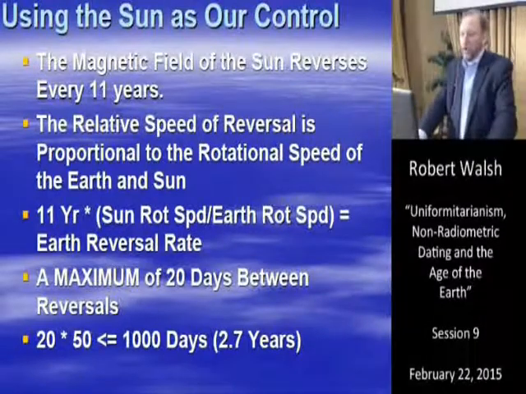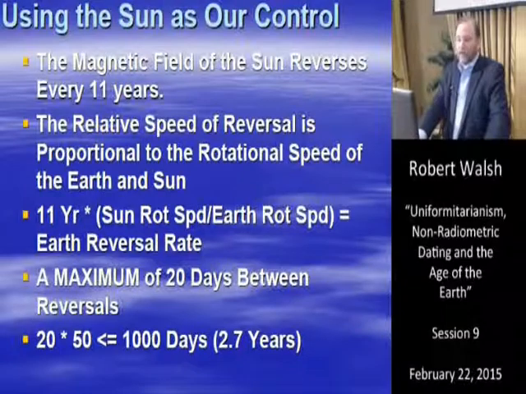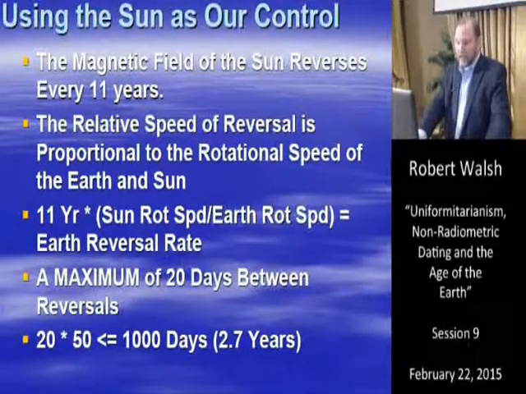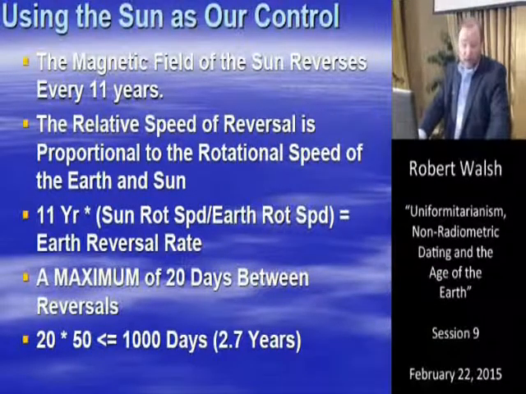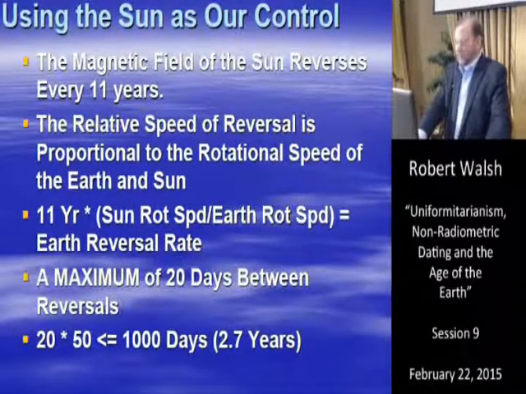So if you take the sun as an example, you take 11 years, which is one reversal, divide that by the rotational speed of the Earth, and multiply it by the sun's rotational speed, and that should be equal to the Earth's reversal rate, right?